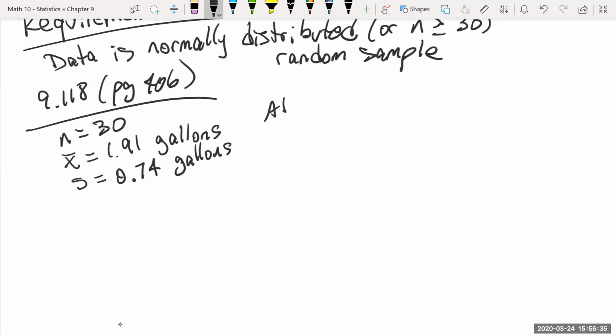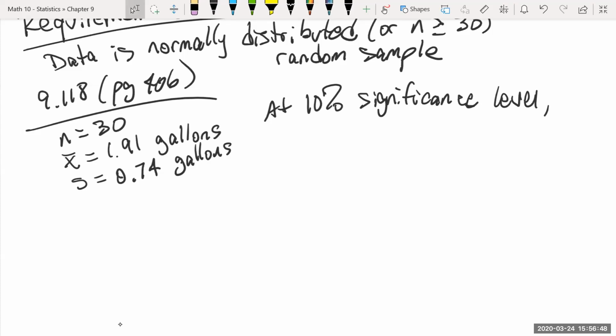And then the question says, at 10% significance level, do the data provide sufficient evidence to conclude that the mean fuel tank capacity of all dirt bikes is less than 2 gallons?